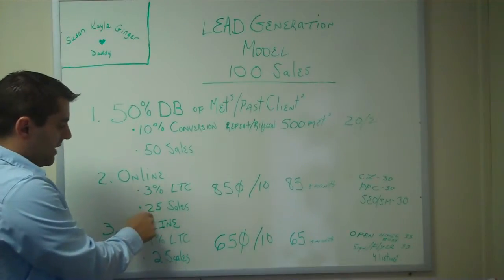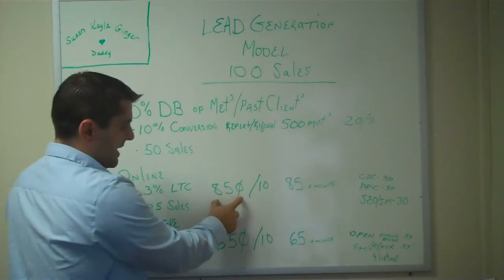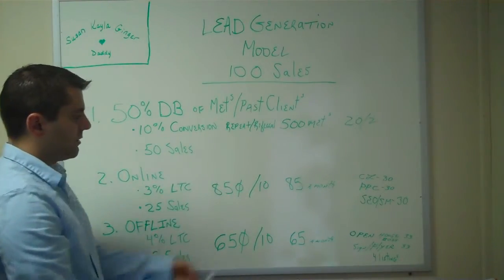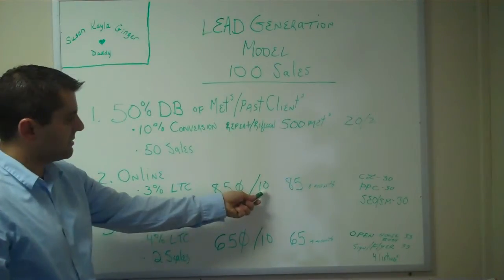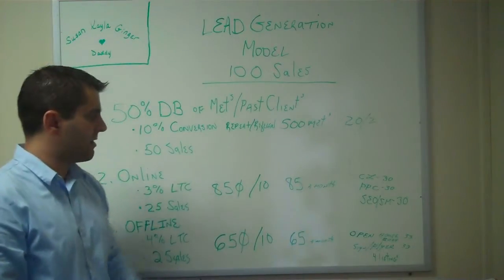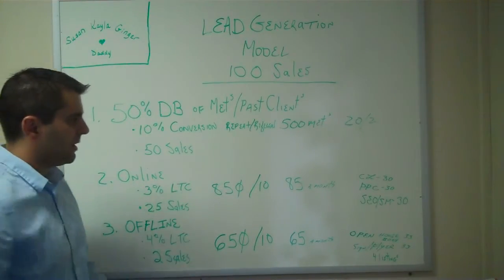So to have 25 sales at a 3% conversion ratio, we need to have 850 online leads generated over, again, not 12 but 10 months. So over 10 months, we need 85 online leads a month to have 25 sales over the course of a year, or 2.5 sales a month.